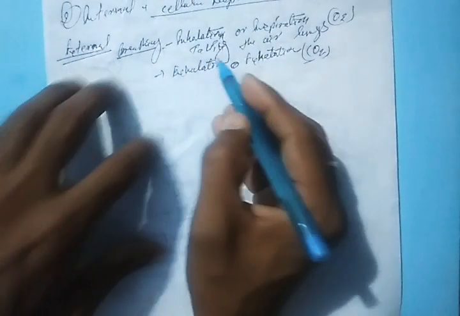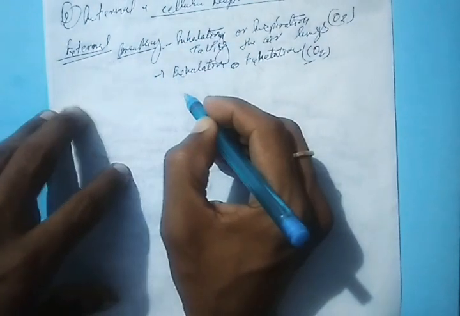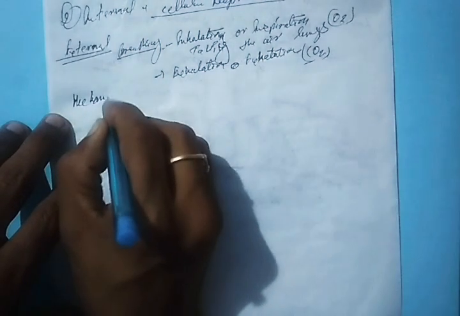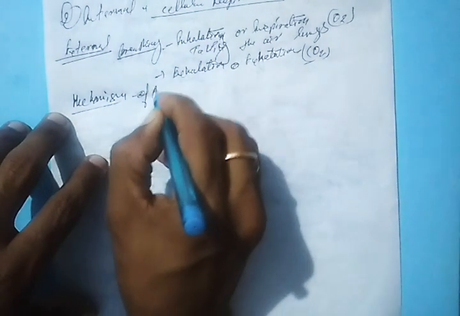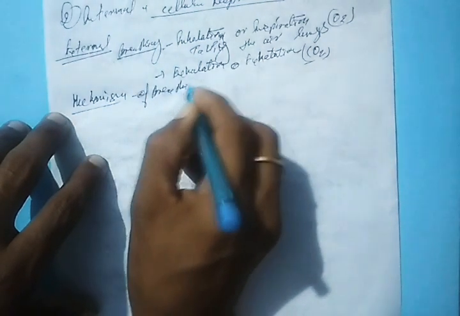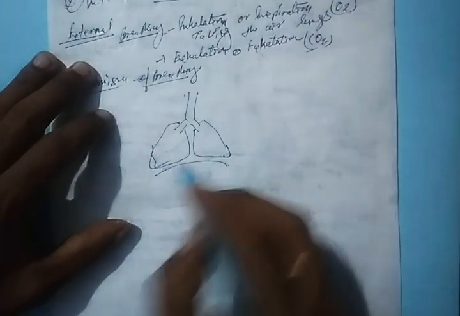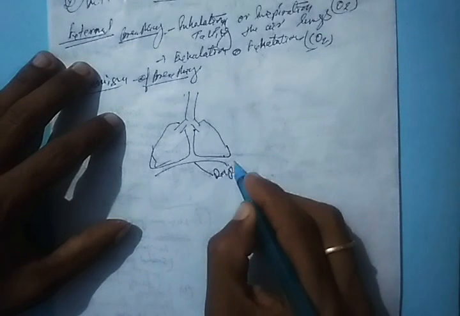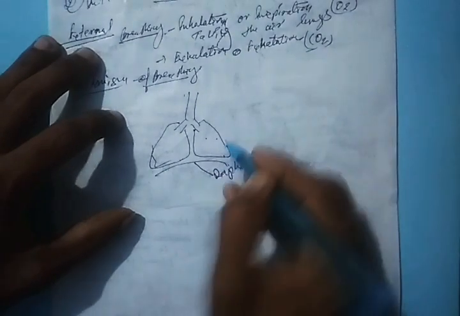Next process is, what is the mechanism of inhalation and exhalation? Mechanism of breathing. Suppose these are your lungs and this is the diaphragm.